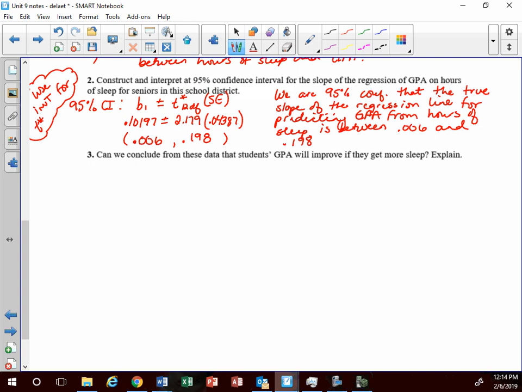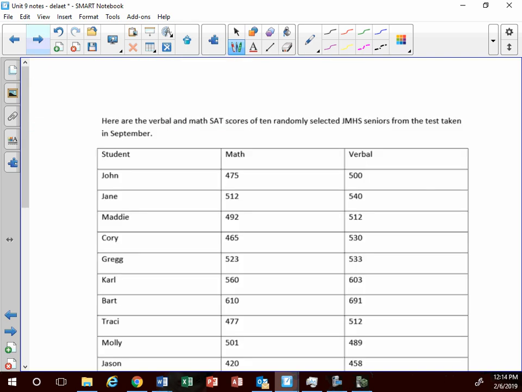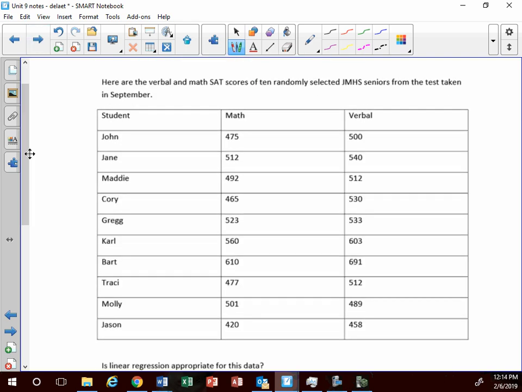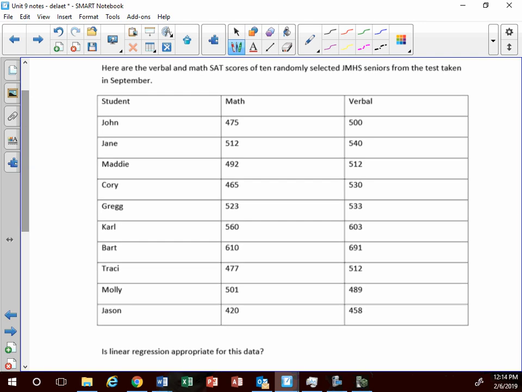All right, guys, let's go ahead and turn the page. We're now looking at SAT scores. You've got their math score and their verbal score.